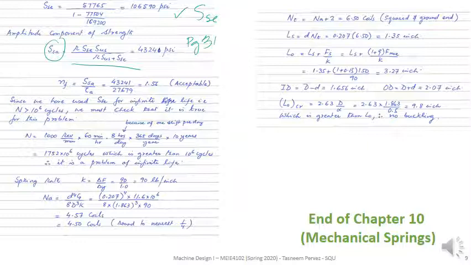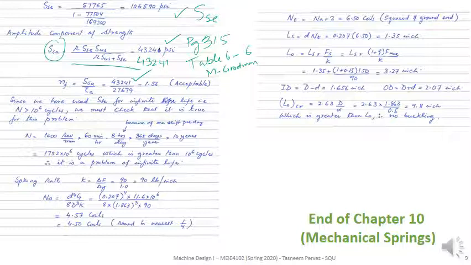If I take 315 and go to table 6.6, which is for the modified Goodman criteria, I can calculate the SSA, which is 43241 psi.